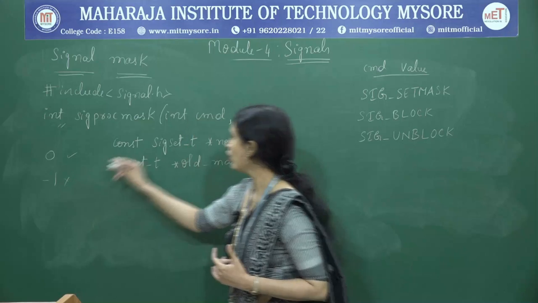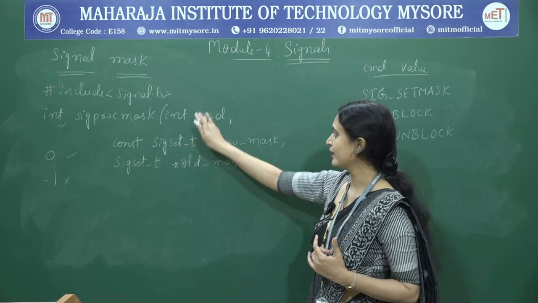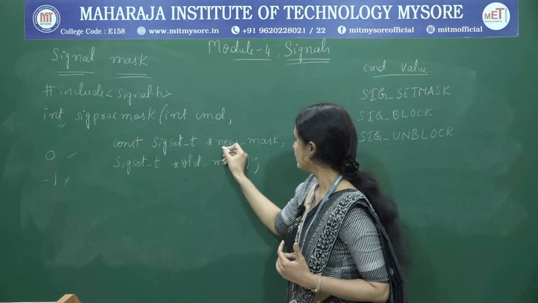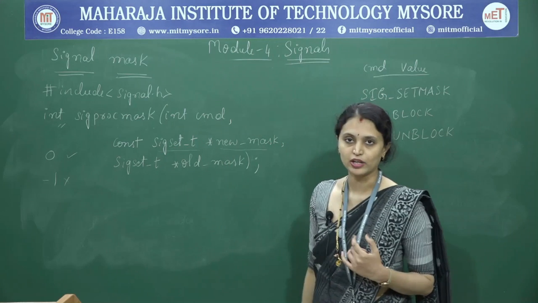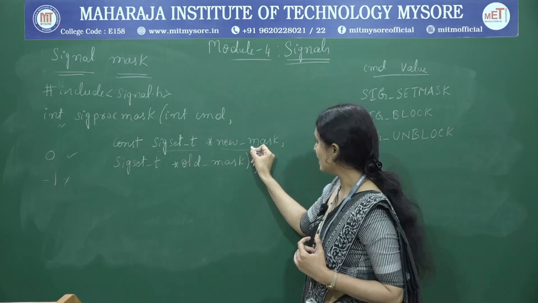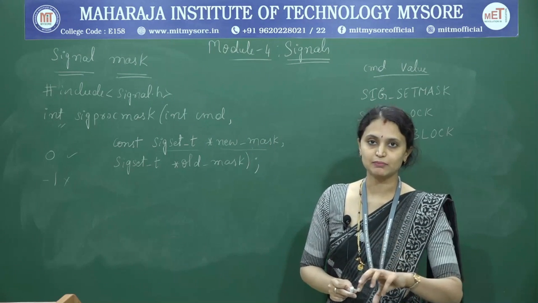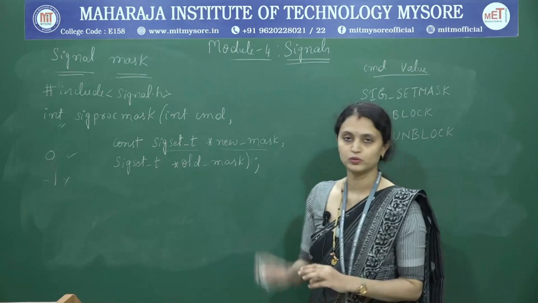It has got 3 arguments. The first one is command, so let me take that up later. The second argument is the new mask, which is of type sigset_t. This new mask specifies the new signal mask, nothing but the set of signals which have to be blocked on the calling process.